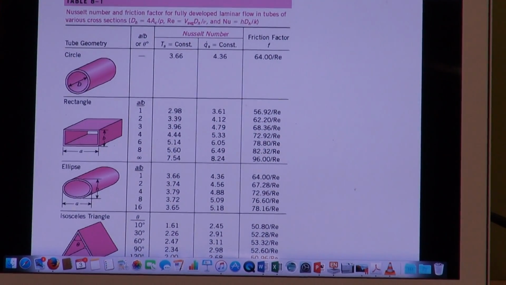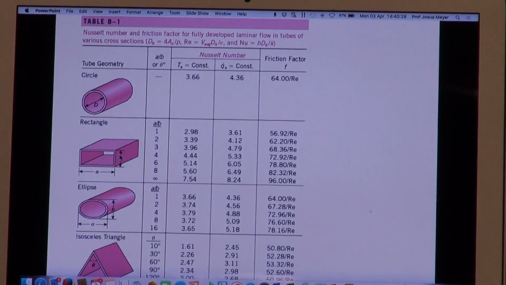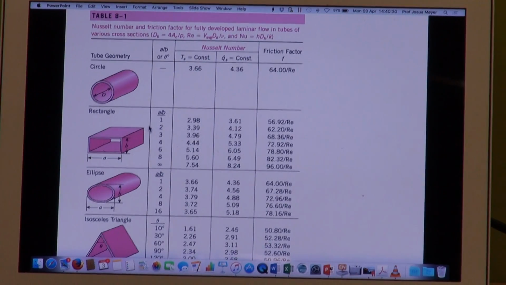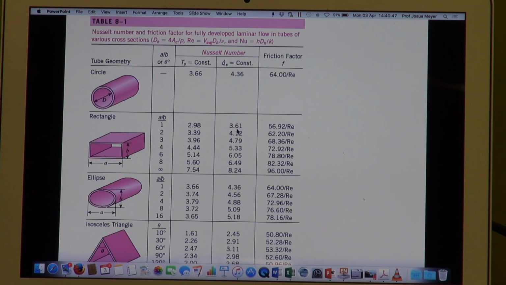The other cases are available in literature. So here you can see, for example, for a rectangular, depending on the A or B value, if A divided by D is 1, which means it's a square, then for a constant wall temperature, the Nusselt number would be 2.98, and for a constant heat flux, it would be 3.61, and the friction factor will be 56.92 divided by the Reynolds number.